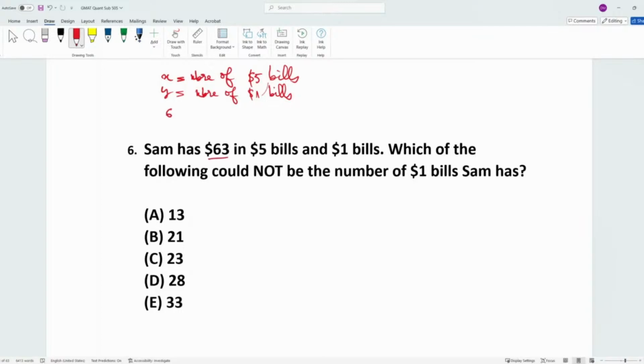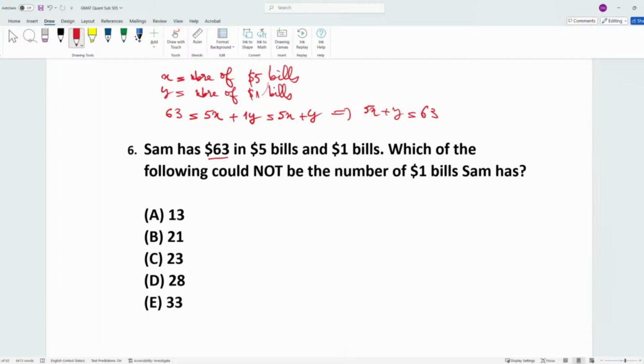So that means that we have 63 is going to be equal to $5 times the number of $5 bills plus 1 times the number of $1 bills, y here. So this is basically equal to 5x plus y. So we can even write it like this. 5x plus y is equal to 63.